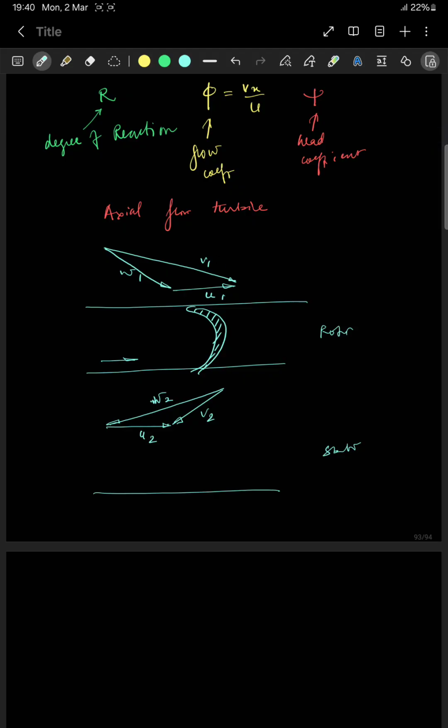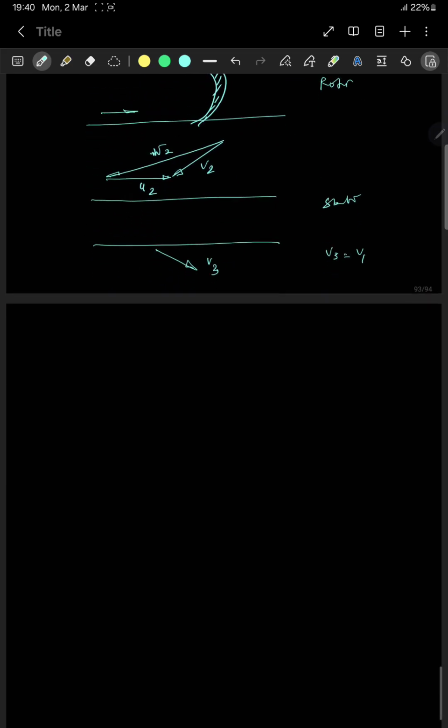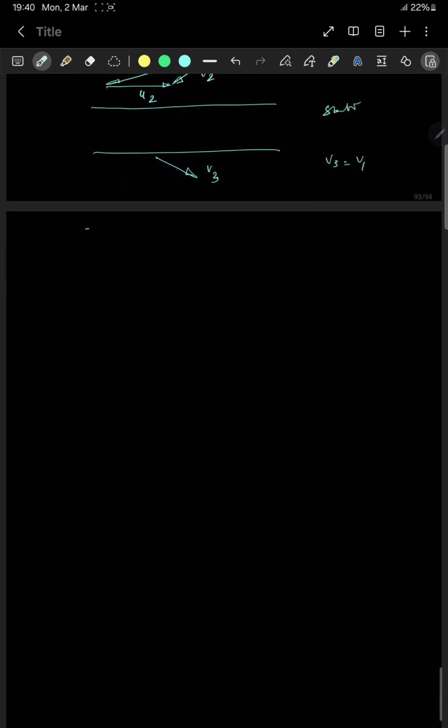You can see the direction reversing, right? This is the stator, v3, and for repeating stages v3 equals v1. So again we will derive and check and see if h0r1 equals h0r2.